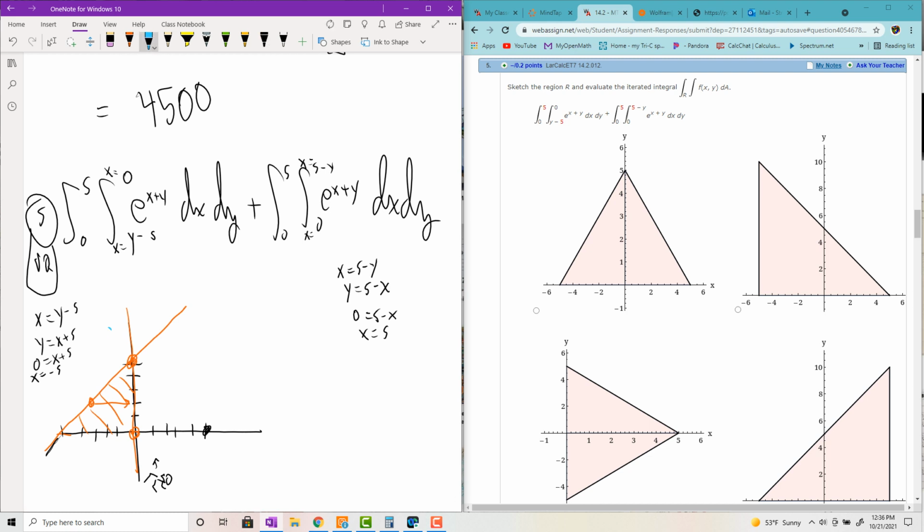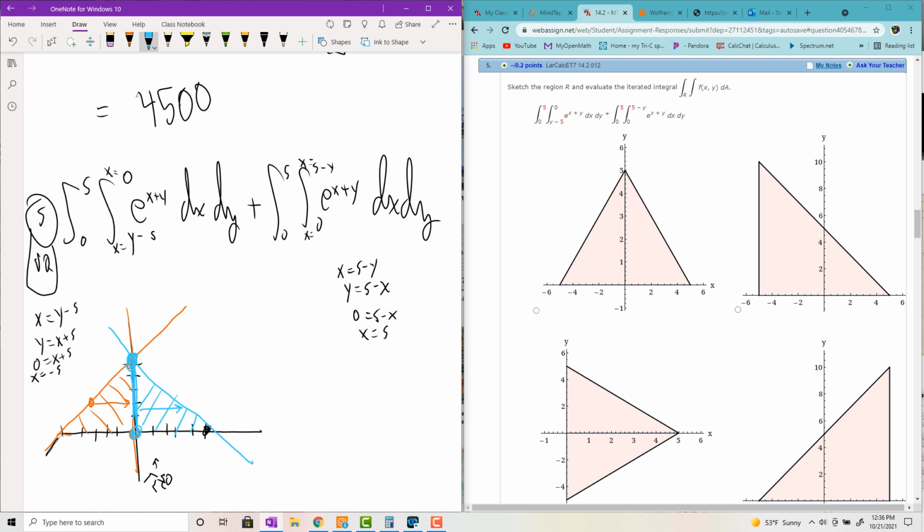And the line in this case is this guy. So I'm going from x equals 0, this time right here, to x equals 5 minus y, which is that curve. On the y-axis, I'm going from 0 to 5. So that will be this region for that second integral.